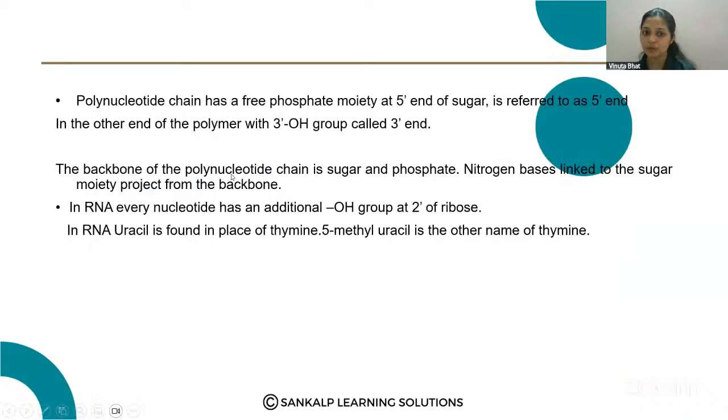The backbone of polynucleotide chain is sugar and the phosphate. Nitrogen bases linked to the sugar moiety project from the backbone. Main backbone of this polynucleotide chain is sugar and the phosphate. In RNA, every nucleotide has additional OH group at the 2' of the second carbon of the ribose.